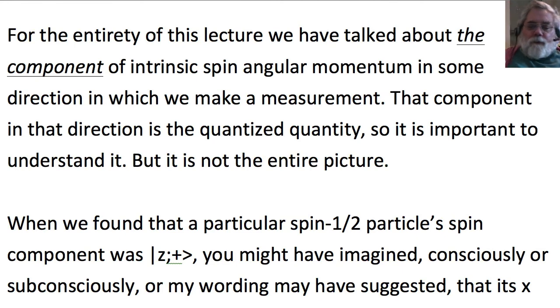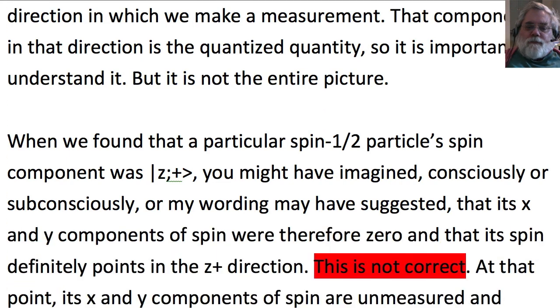When we found that a particular spin 1/2 particle's spin component was z plus, you might have imagined consciously or subconsciously, or my wording might have suggested, that its x and y components of spin were therefore 0, and that its spin angular momentum definitely points in the z plus direction.